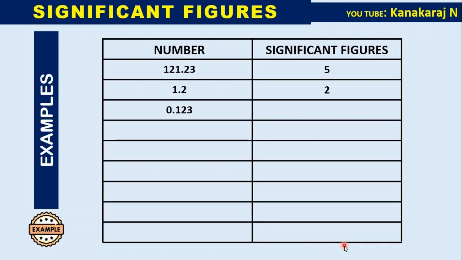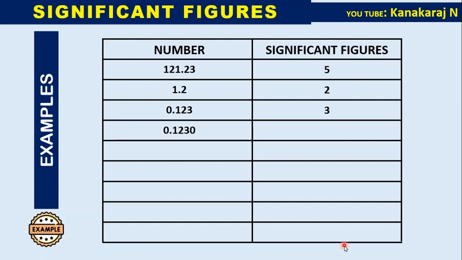0.123. The number is less than 1 and the 0 before the decimal point, that is the leading zero, is not important. So it has only three significant figures. 0.1230. Here it is a decimal number and the trailing 0, the 0 after 3, is important.